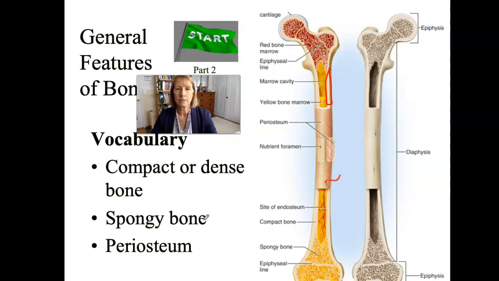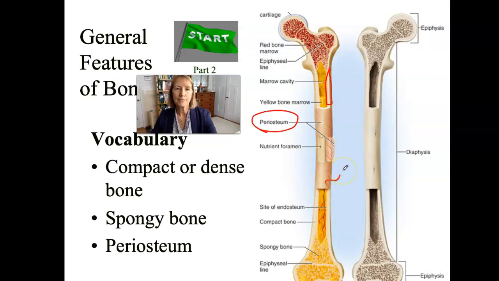Peri meaning around, osteum, bone. So periosteum, notice it here. Periosteum is this layer of dense connective tissue that is going to surround the bone. And notice that when you have a vessel that's irrigating it, it's going to have to go through the bone, through some little hole, foramen we call them, and out through the periosteum here.